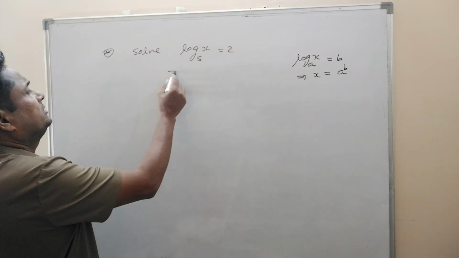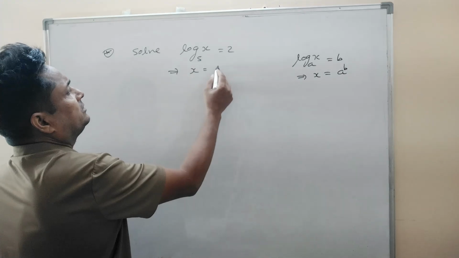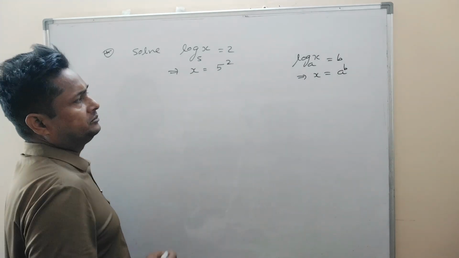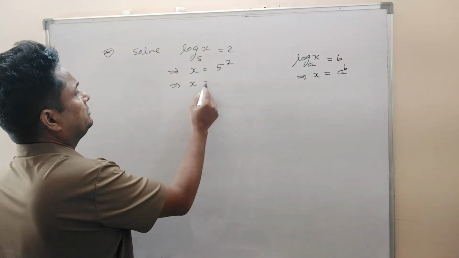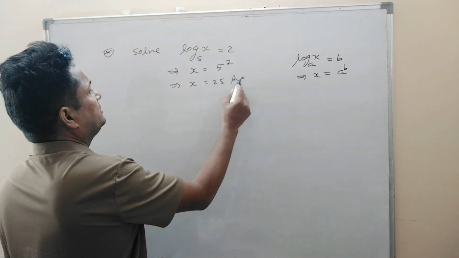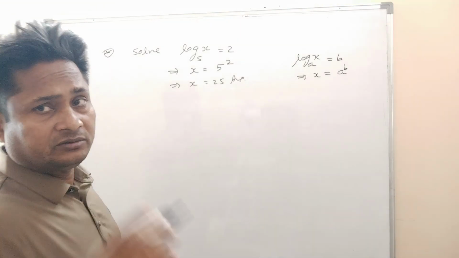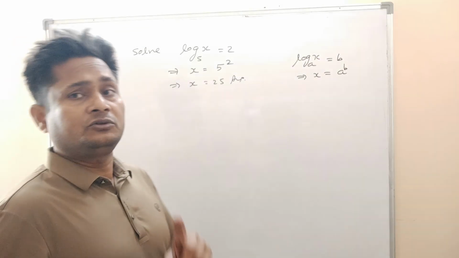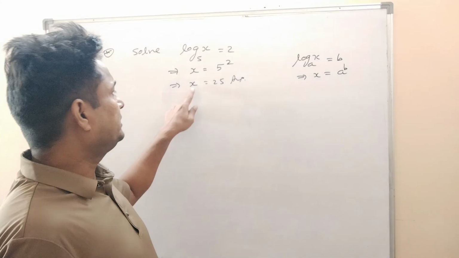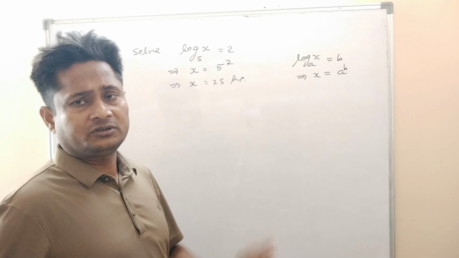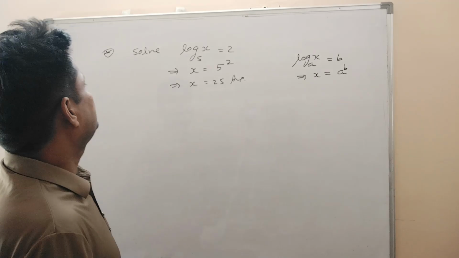So from here x will be 5 to the power 2. So x is equal to 25. This is our answer. You must remember that input values must be greater than 0. So x is coming 25, which is a positive number, so it is the answer.